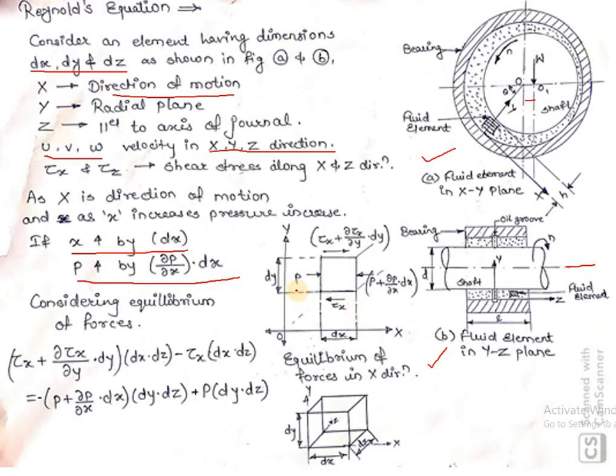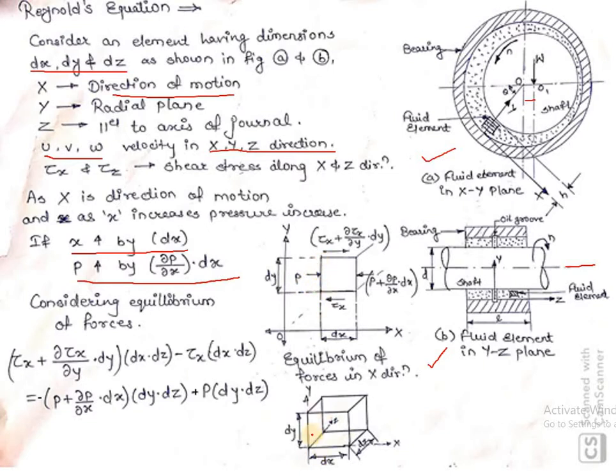Here are the forces acting on the fluid element. P is the pressure acting on the fluid element, so the force will be pressure into area. P is acting on this surface in the xy plane.